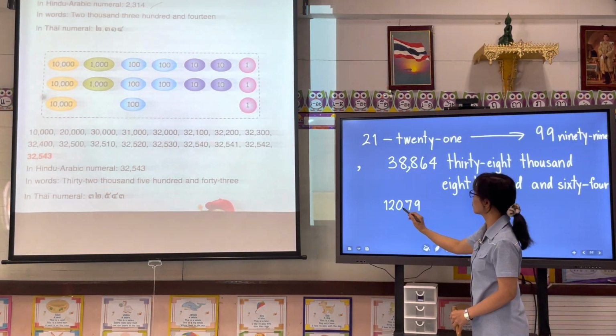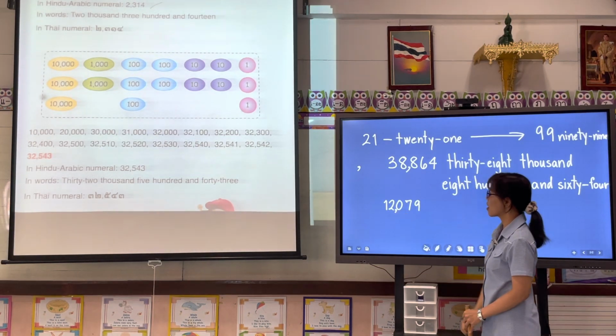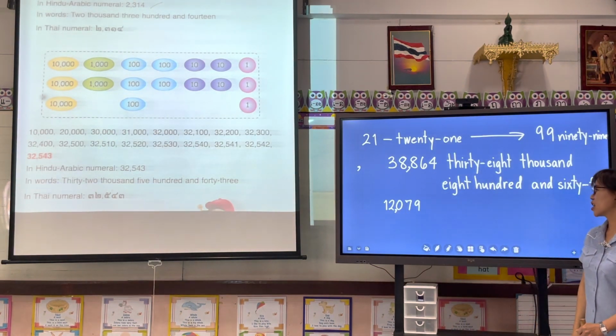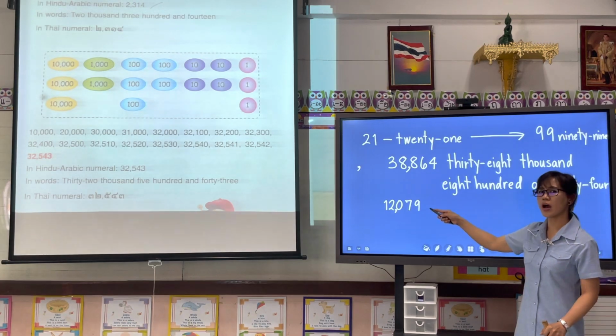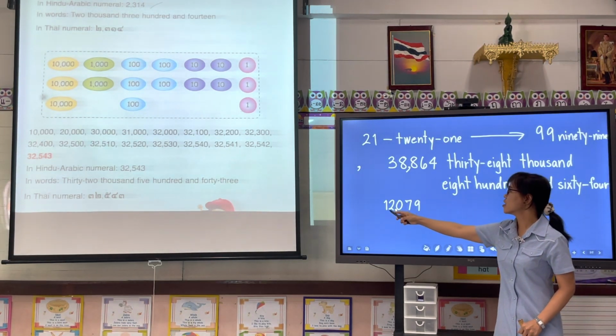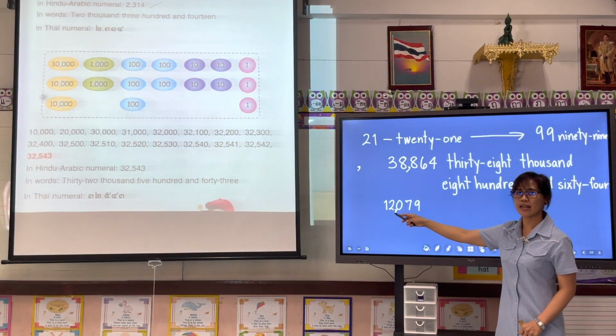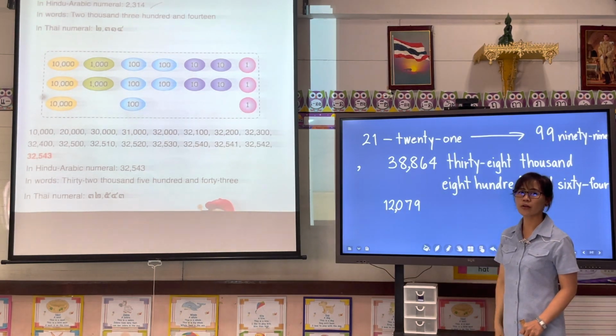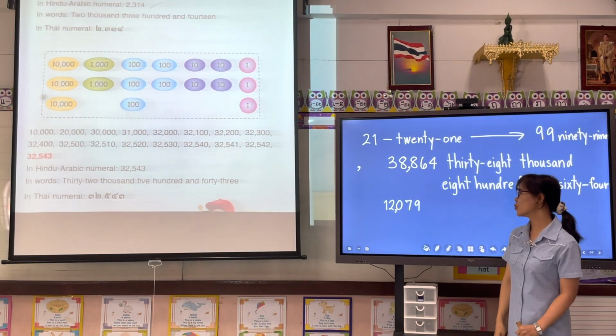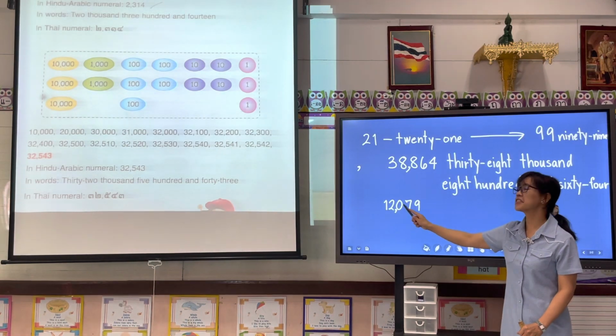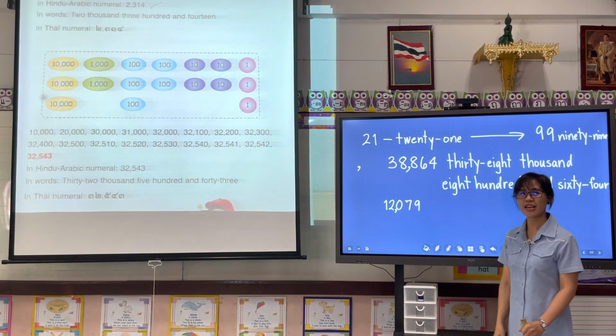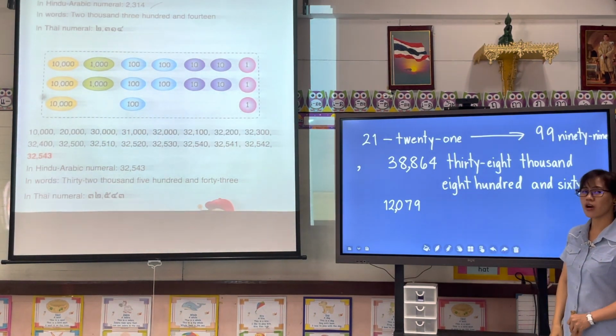So 1, 2, 3, right there, comma. Now we can say this is a number. How do we read this number? That is 12,000. Oops, there's a 0. How do we read that? Do we say 12,0-79? Am I right? No, that is wrong.